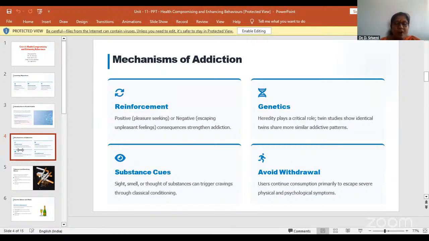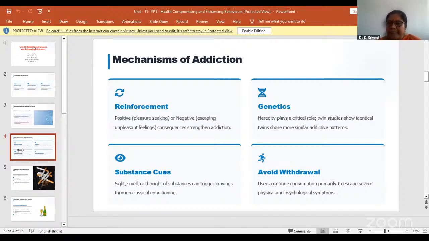These behaviors often provide immediate gratification or temporary relief from stress, but lead to cumulative damage over time, eventually contributing to chronic illnesses and reduced life expectancy. Understanding these behaviors is crucial because they are often preventable and are deeply rooted in the individual's social environment and internal coping mechanisms.